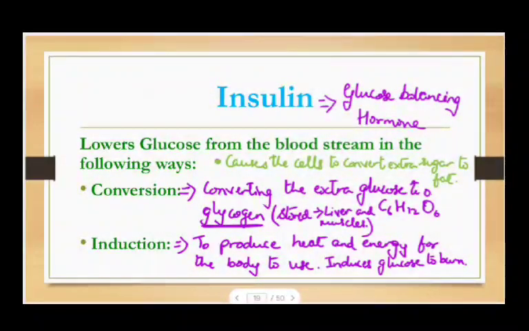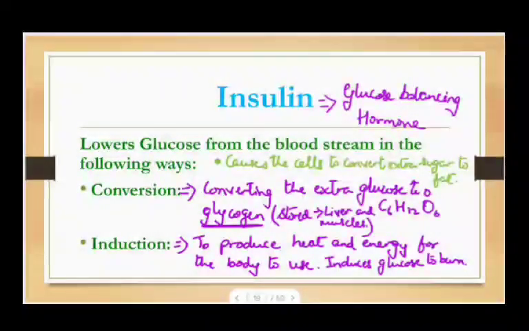Remember, children, insulin is a hormone of the endocrine system, secreted by the pancreas. The main function is to maintain blood sugar levels, to convert extra glucose to glycogen, and to cause the appropriate amount of glucose to burn to generate heat and energy.